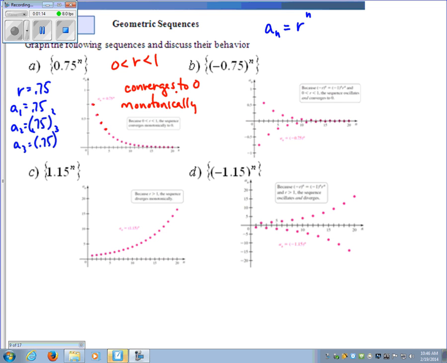Okay, now in the second one, it's very similar to the first one, except now our r is actually a negative number. So our first term will be the negative 0.75, and then the negative 0.75 squared is actually going to be positive, and then cubed. What's happening here is that the sequence is oscillating.